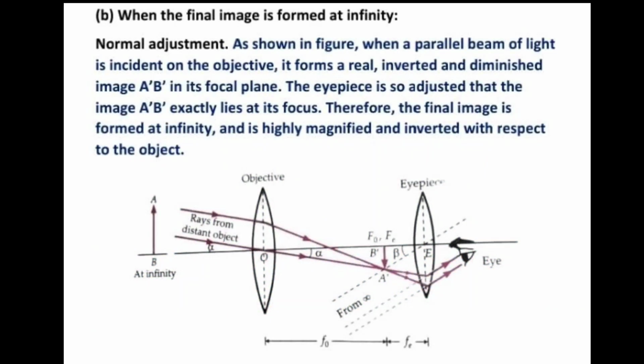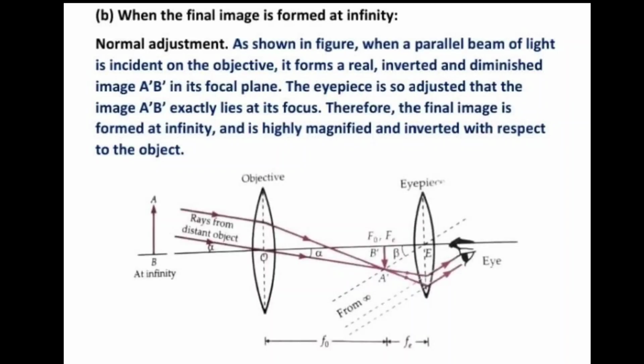Now the second case, when the final image is formed at infinity. So we do the normal adjustment as shown in the figure. When a parallel beam of light is incident on the objective, it forms a real, inverted, diminished image A dash B dash in its focal plane.